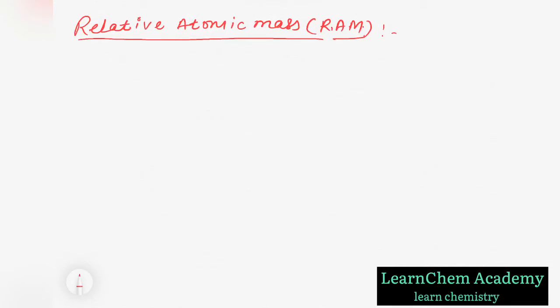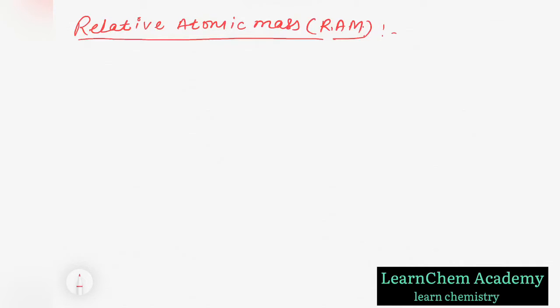So in our previous lecture we have discussed relative atomic mass and how relative atomic mass is calculated, and we discussed the reference. In that lecture we discussed carbon 12 is our reference element which we can use to calculate relative atomic mass.